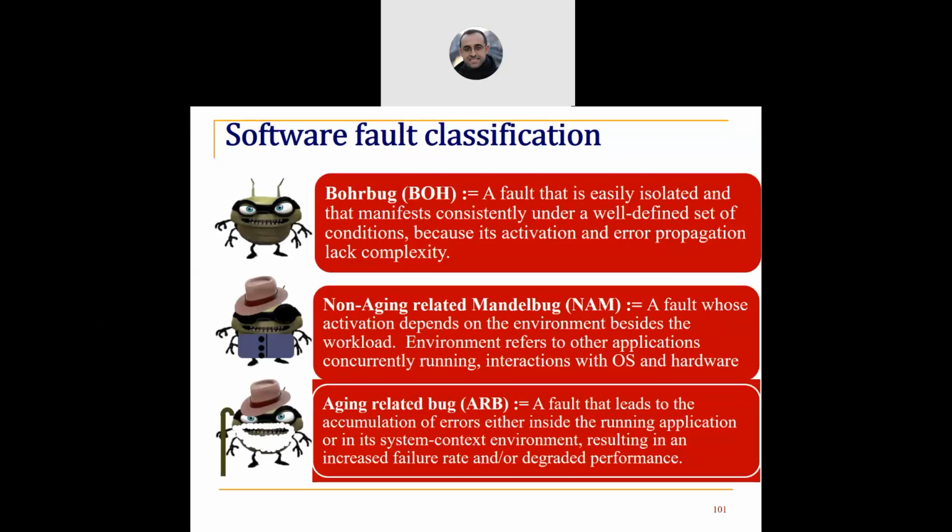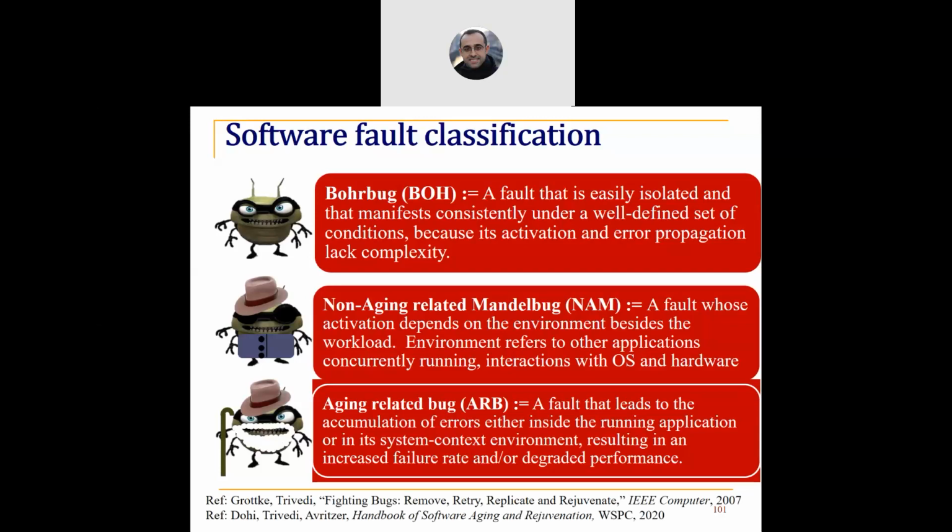And one kind of Mandel bug has been identified as the aging-related bug, ARB. Things like memory leaks are the ones that contribute to this aging-related bug. And this then gives rise to what is called software aging and software rejuvenation. And there is a recent monograph, a handbook that we completed on software aging and rejuvenation.